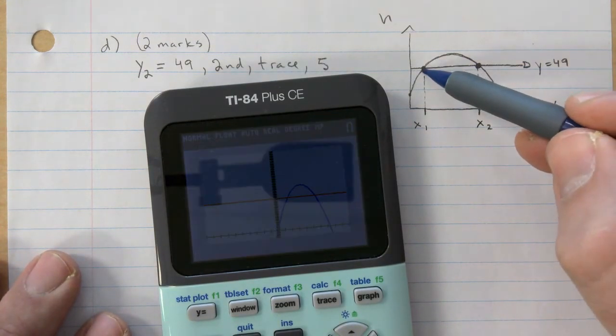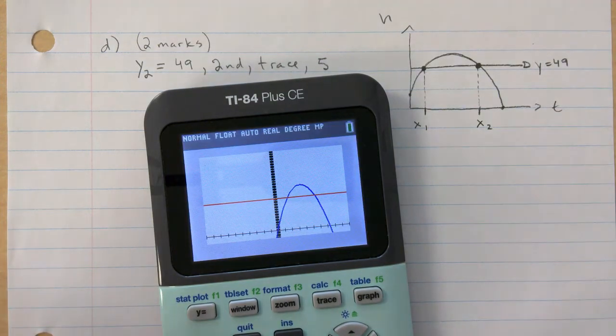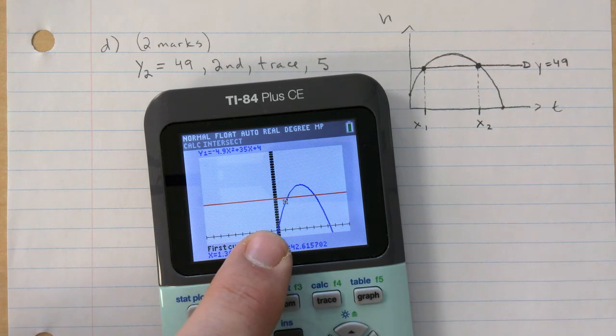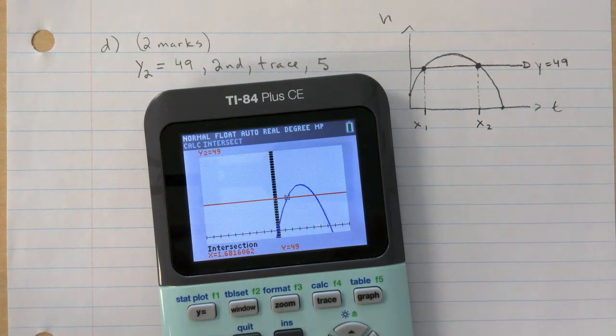And let's go and find what these two are. So I'm going to go second, trace 5. Go closest to the first one. So enter, enter, enter. And I get 1.68. But we're going to use these numbers to come up with the final answer.